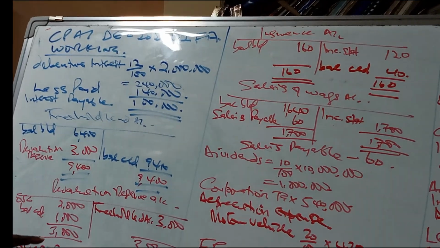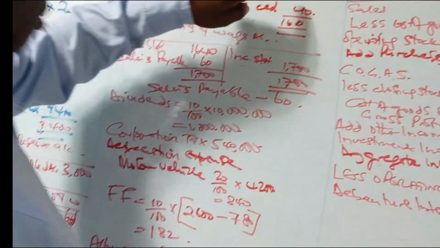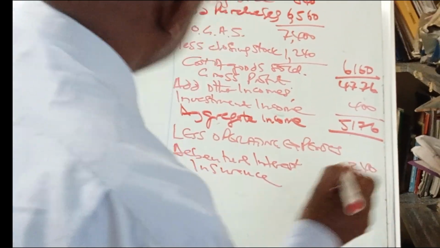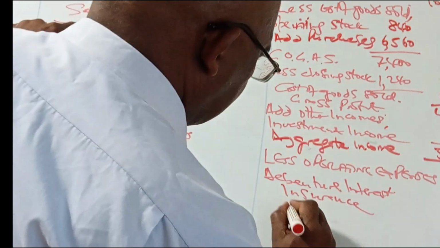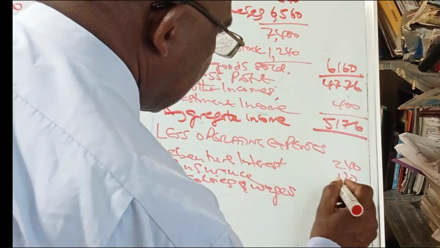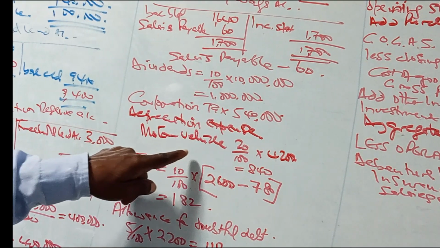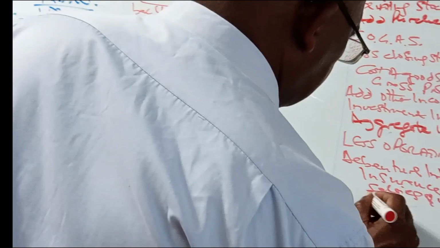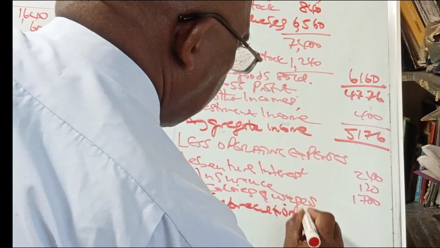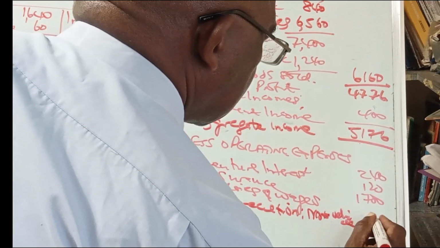Then we go to insurance expense of 120. We got salaries and wages 1700. Depreciation, motor vehicle, it is 840.